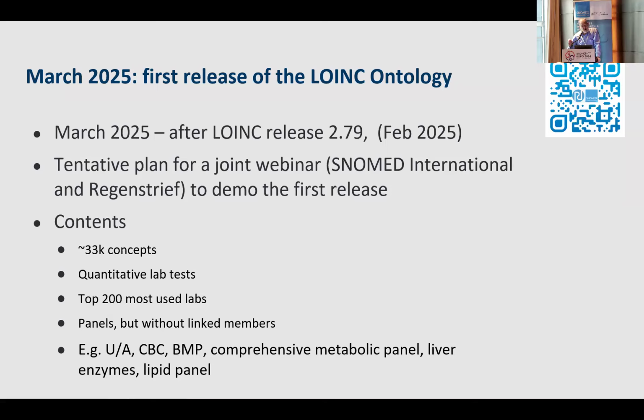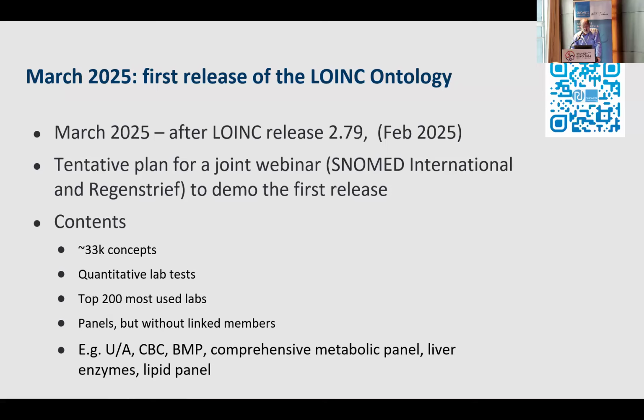We took special effort to find and make sure that we had mapped the top 200 most used LOINC concepts, and covering those top 200 actually covers somewhere above 80% of all of the actual volume of lab data that's flowing in the world today.